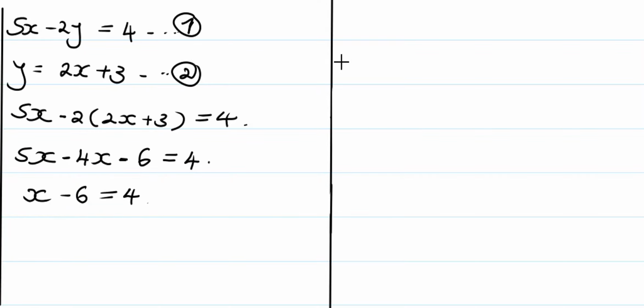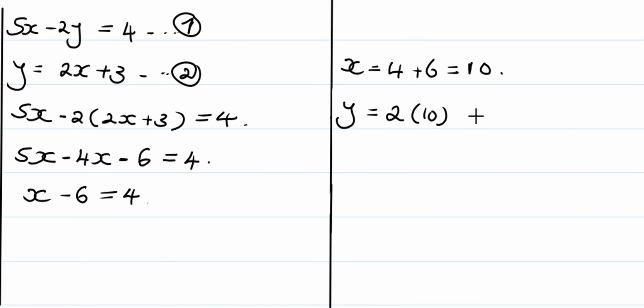So to get x, I need to take 6 on the other side. So it will be x is equals to 4 plus 6, which is equals to 10. And now that I have x, I can get y, because I know from equation 2, y is equals to 2x, but x is already 10, plus 3.